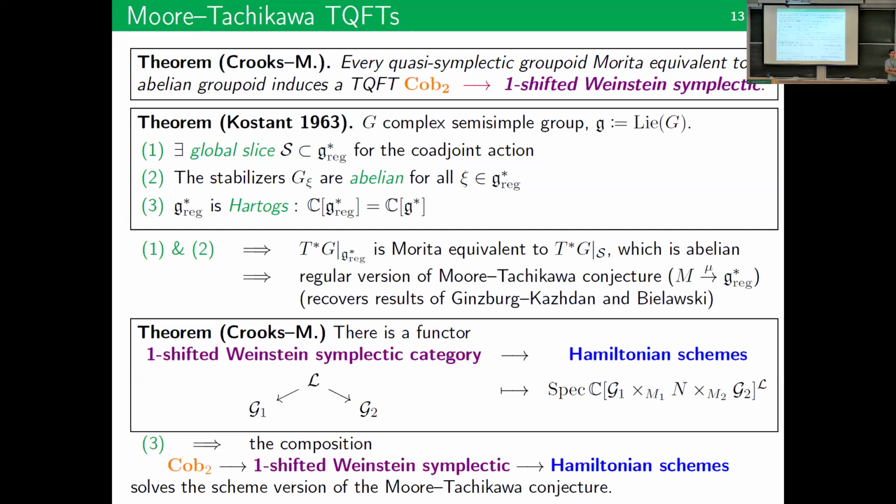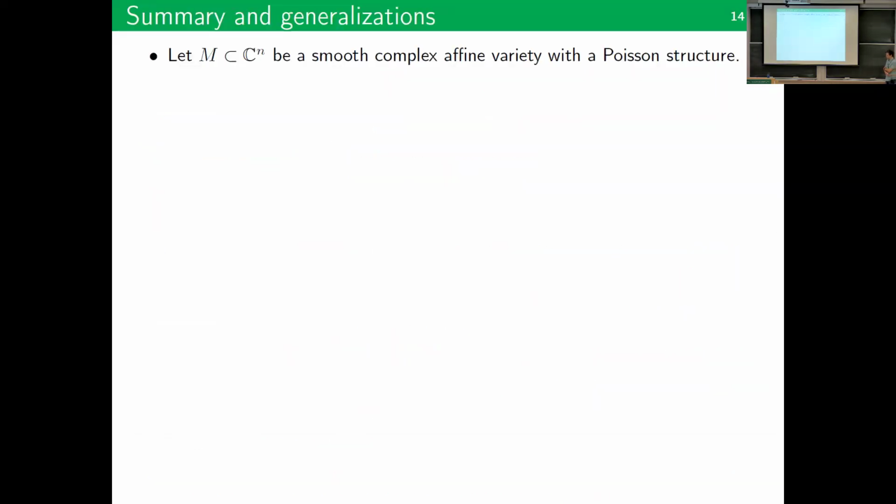Okay, so now let me summarize and generalize in the same slide. Let's say that we want to do this a bit more generally. We will replace the dual of a Lie algebra by a smooth complex affine variety with a Poisson structure.